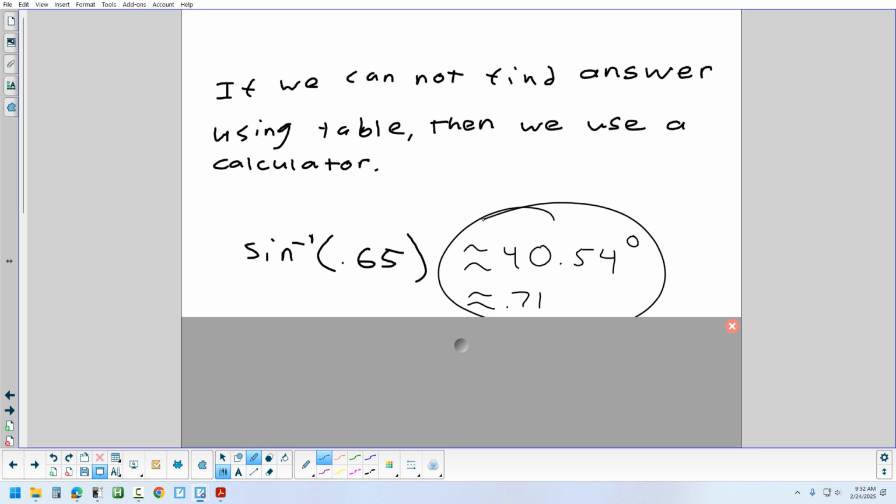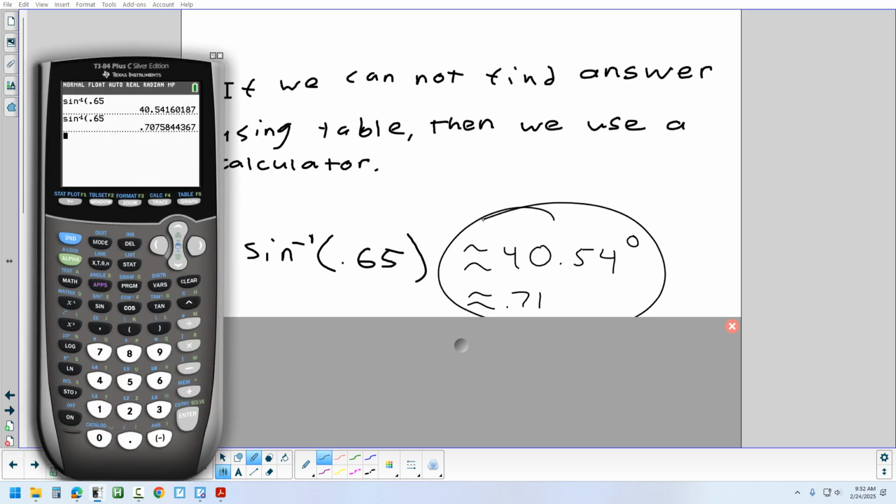Okay, if you check your answer, remember when you type it back in, it's probably not going to come out to exactly 0.65 because we rounded. We only rounded to 2 decimal places, so we got 0.651. Probably would be a little bit more accurate with the degrees. We can check it. Yeah, that's a little bit more accurate.